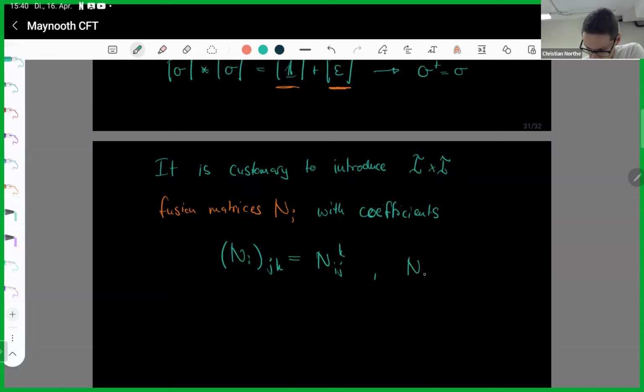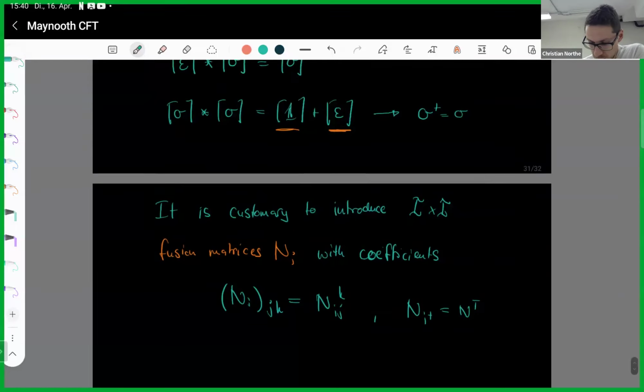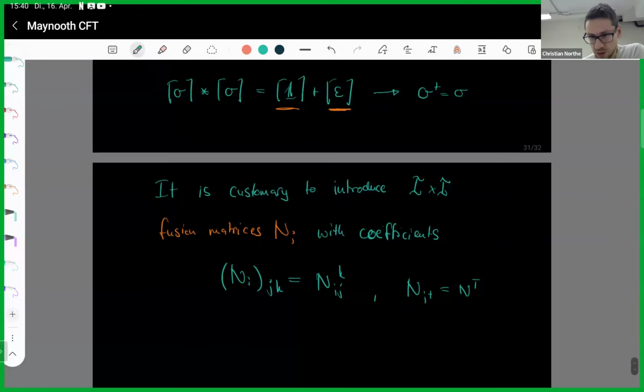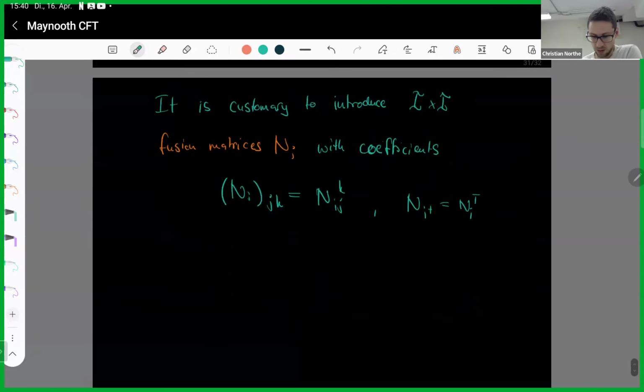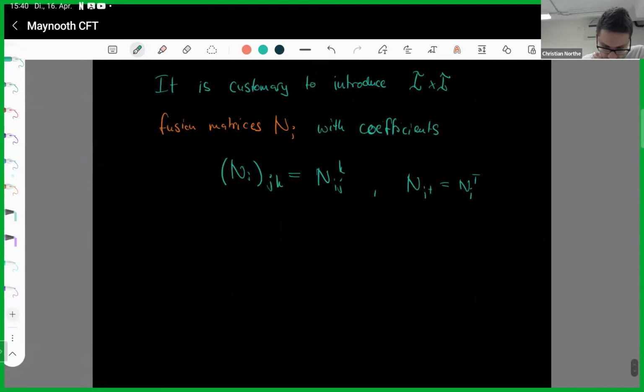And it turns out that if you take the fusion matrix for the charge conjugate of I, it really is just going to be the transpose of the original one. So in particular, if you have fields like epsilon, which are self-conjugate, or sigma, which are self-conjugate, then these things are going to be symmetric matrices. Okay, so there's an exercise which I forgot to write down the number.